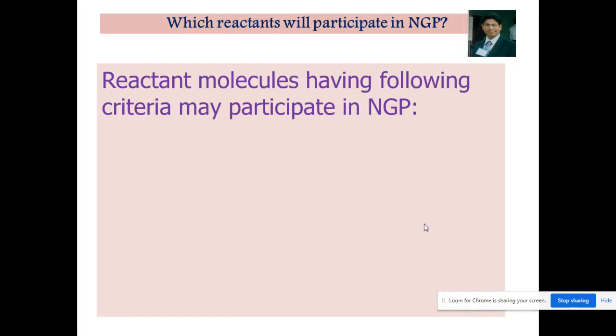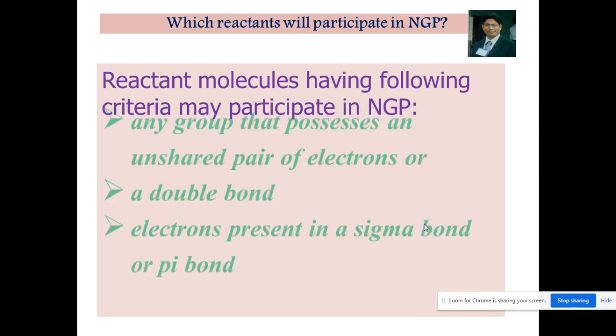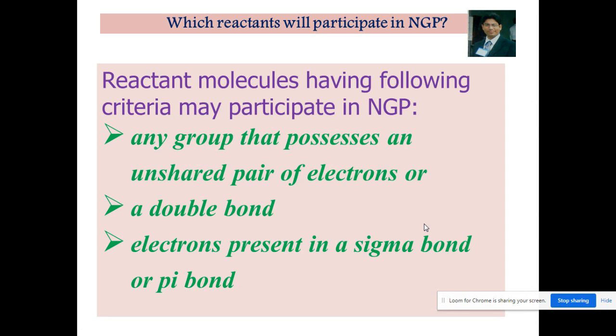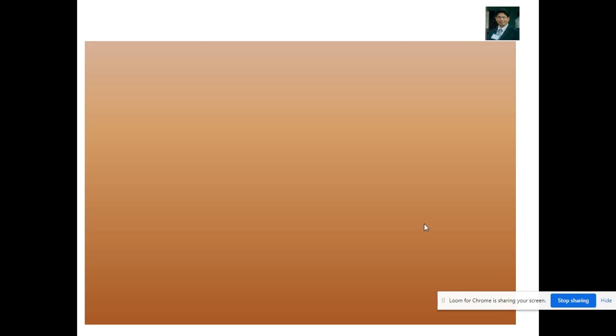Which reactants will participate in neighboring group participation? This is the important question. Reactant molecules having the following criteria may participate in NGP. Any group that possesses an unshared pair of electrons or a double bond, or electrons present in a sigma bond or pi bond, can participate in a neighboring group participation reaction.